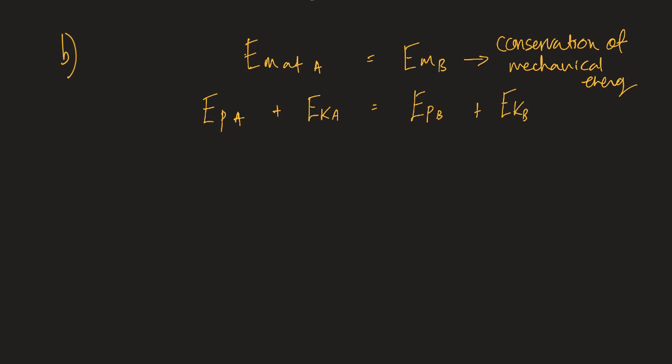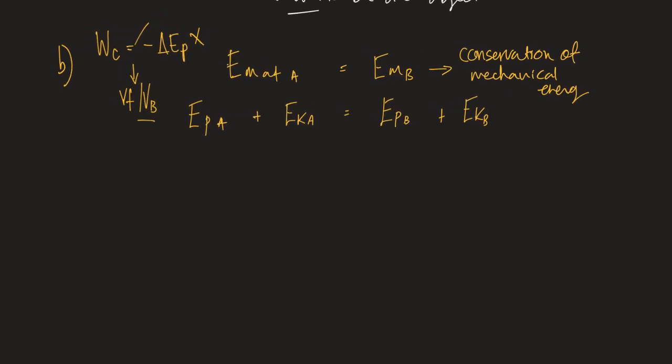You can't use W conservative is equal to negative delta EP because we are looking for V final, or V at point B. That formula does not have kinetic energy, so I can't use it. So I'm going to expand my formula: mgh at point A plus half mv squared at point A is equal to mgh at point B plus half mv squared at point B.